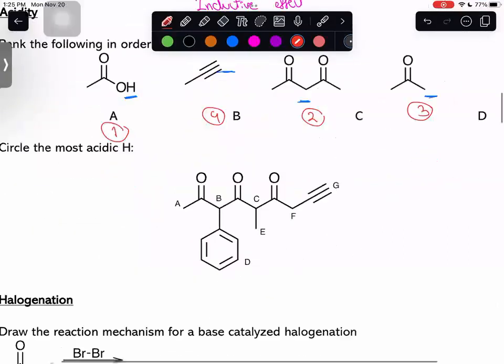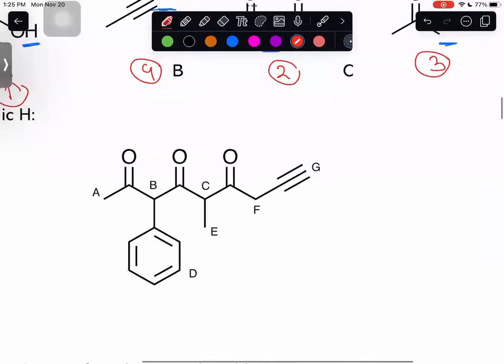Okay, let's look at this little molecule in here. You have a few options in here. Which one is going to be the most acidic hydrogen and why? Which ones could you start discarding right away?